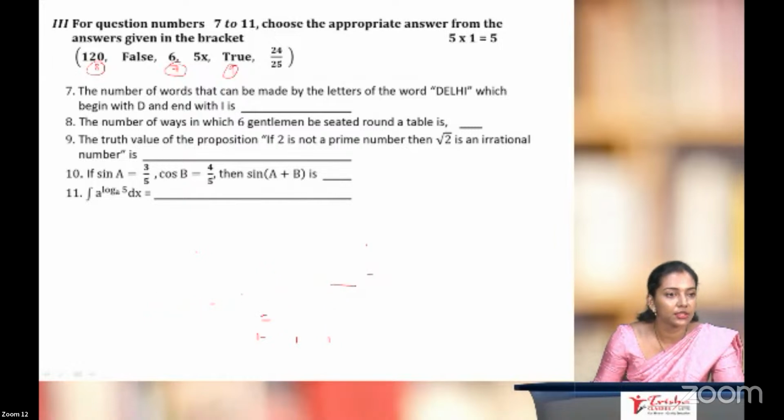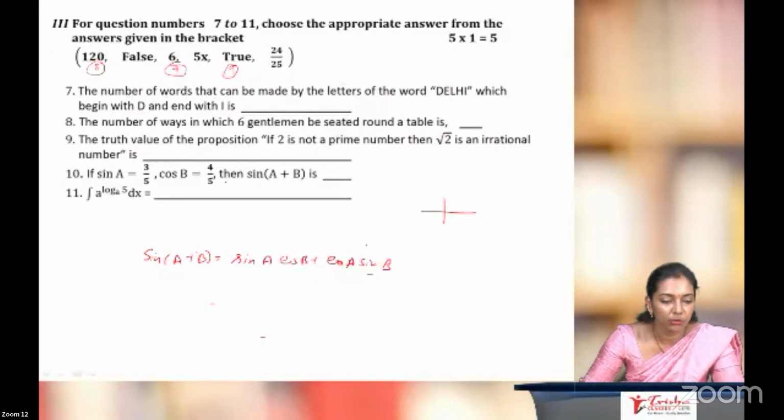Sin A cos B plus cos A sin B, right? So sin A plus B equal to sin A cos B plus cos A sin B. So here you have sin A value, cos B value, but cos A we do not have.